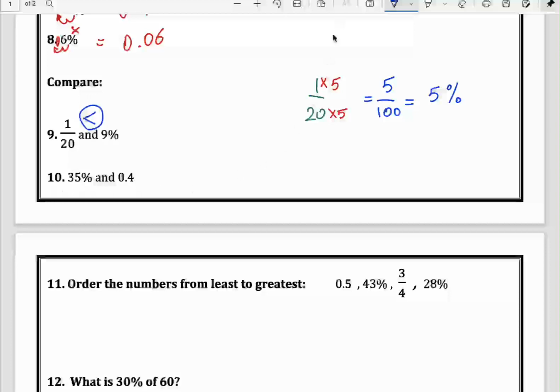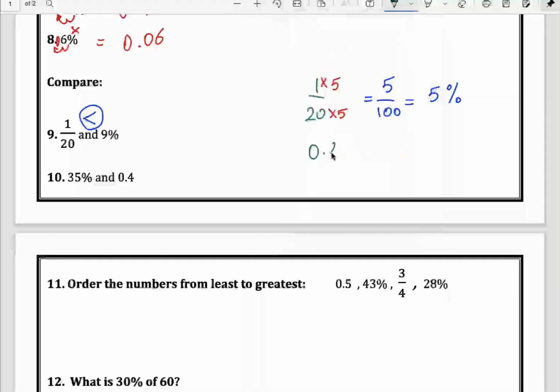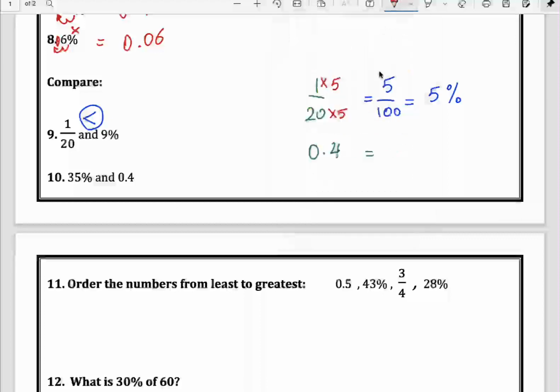In the next question, we have 35% and 0.4. Okay, the 4/10, we need to write it as a percent. So we will move the decimal point to the right 2 digits. So this is 1 and we need another 1, so we put a 0 here, and it will be 40%.